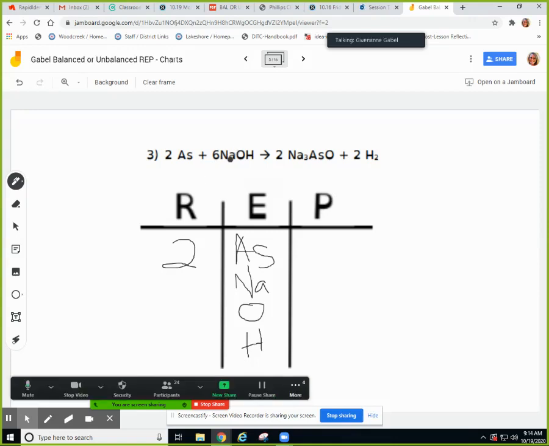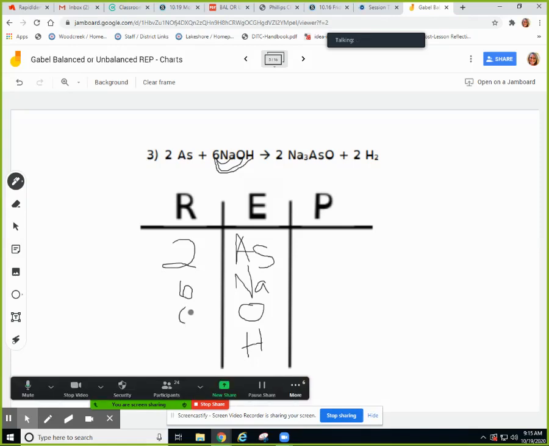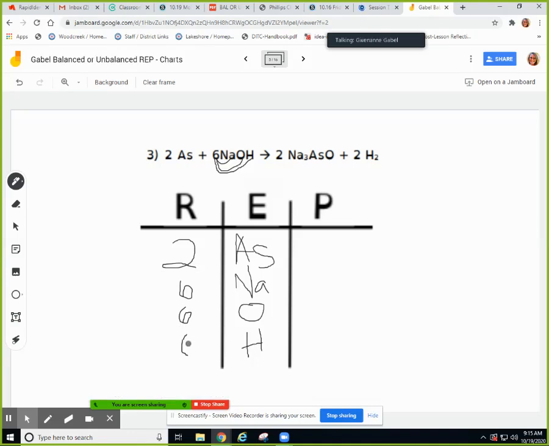For sodium, there's no subscript, but there's a coefficient. I distribute my coefficient to each element. So I have 6 atoms of sodium, 6 atoms of oxygen, and I have 6 atoms of hydrogen. Okay, now I'm going to do the product side. I need to distribute my coefficient and multiply it to my subscripts.